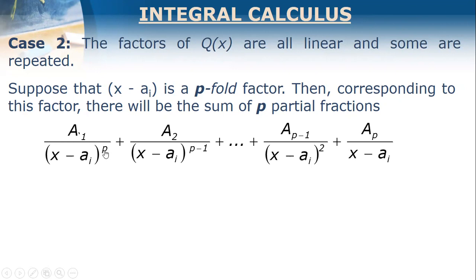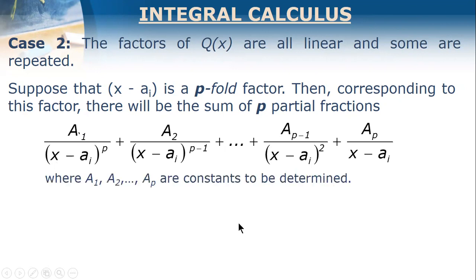For each term, decrease the power of x minus a sub i from p until its power is 1, and then you assign one constant to each term, where a1, a2 until ap are constants to be determined.